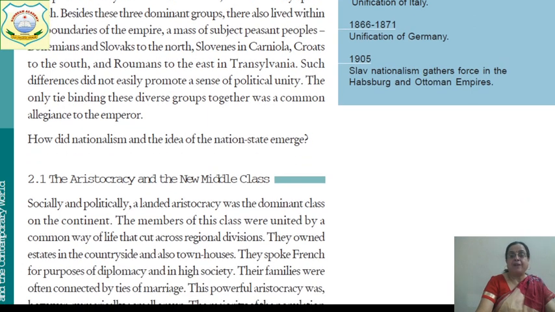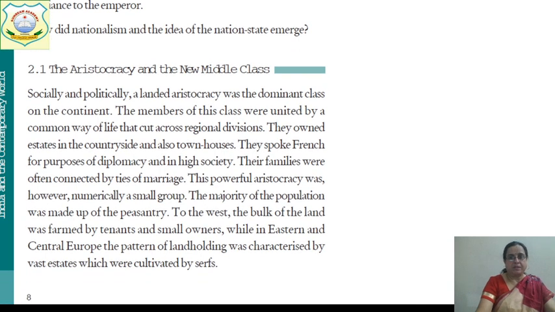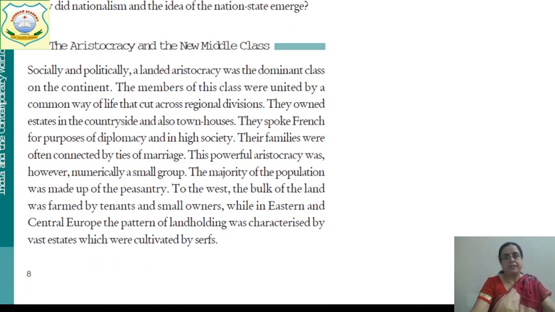So there were many factors which gave rise to nationalism. We are going to discuss it. First is the aristocratic class, the aristocracy, and the new middle class, children. At that time, a landed aristocracy was the dominant class on the continent, and the members of this class were united by a common way of life that cut across regional divisions.